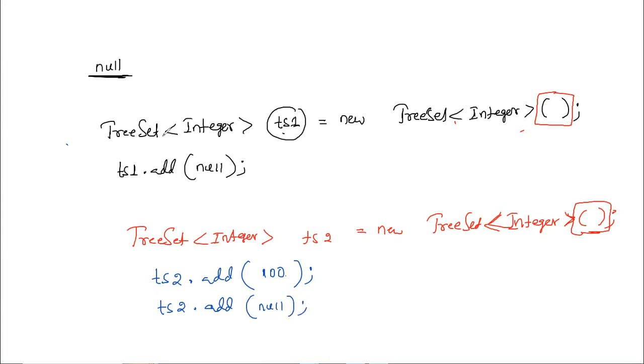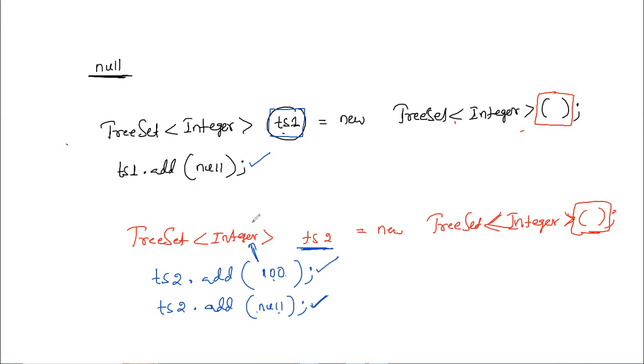What's the scenario in the first one? Into this empty TreeSet object, I am trying to add only one value called null. In the second scenario, into this second TreeSet object ts2, first we are adding one data that is 100, which is of wrapper class type. Then we are adding null also.